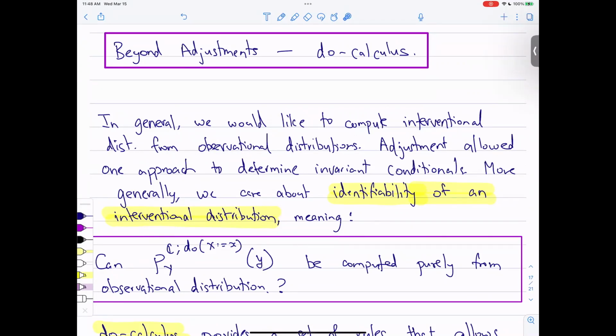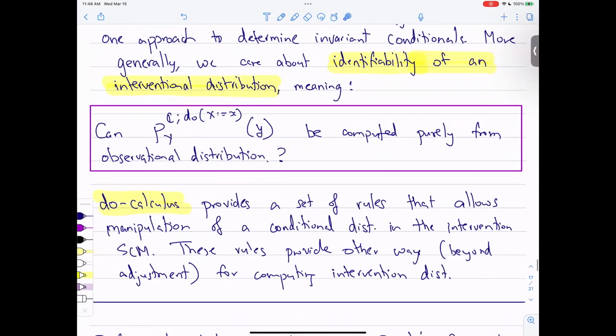But it's not clear at this point whether that is really needed. The only question we care about is, can we compute the effect on some target variable Y when I do something on X, purely using observational distributions? We want some factorization. We may not even use the total probability theorem. We want some way of using those values which you can compute to patch together and compute this.